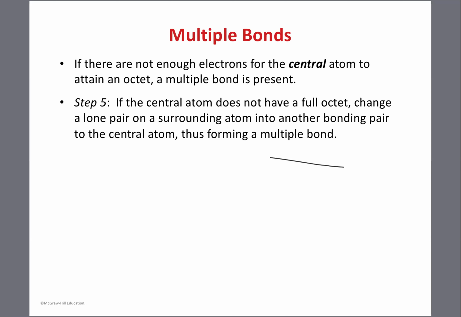All right. Now, what else can come up to make your life more difficult? Sometimes in our molecules, we might have multiple bonds present. We might have a double bond or a triple bond. How will we know when one of these bonds is present or required? You will know that multiple bonds between atoms are necessary when there are not enough electrons for all the atoms to obtain an octet in your structure.